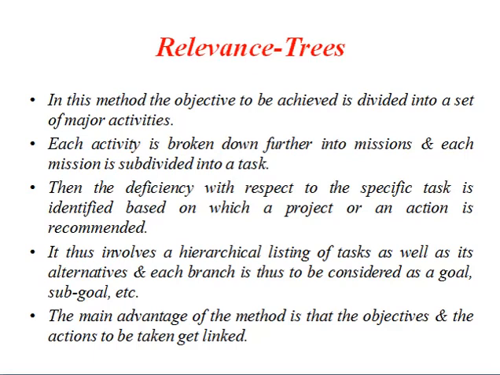It involves a historical listing of tasks as well as their alternatives, and each branch is considered as a goal or sub goal. The main advantage of this method is that the objectives and the actions to be taken are linked. That means the objectives and the considerations you have taken are interrelated to each other.